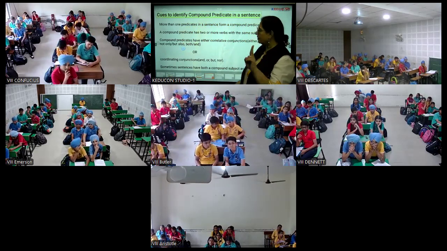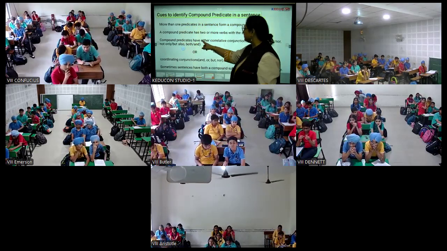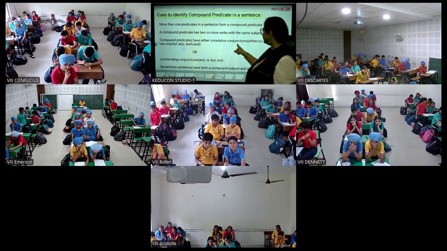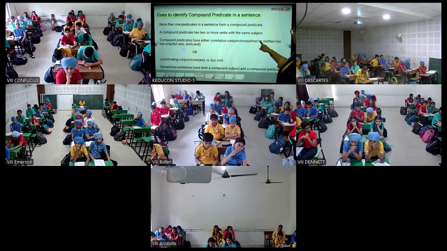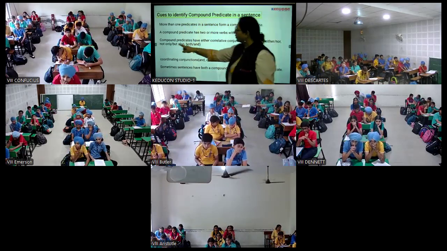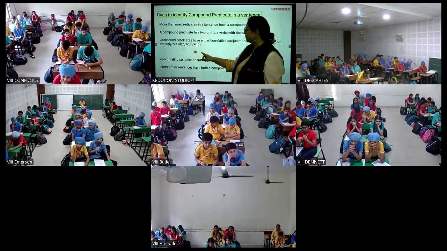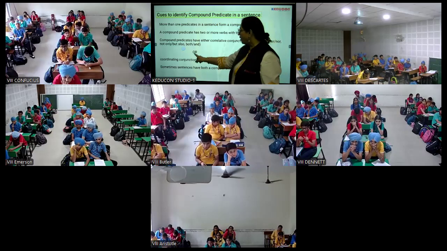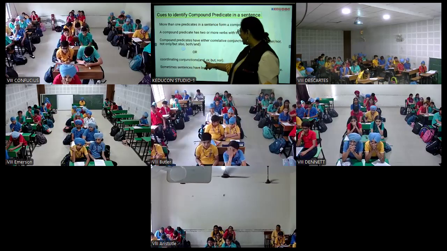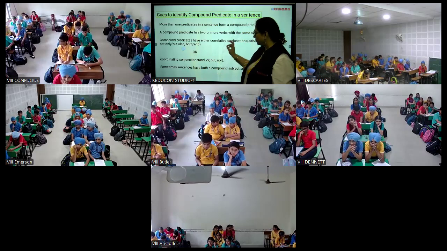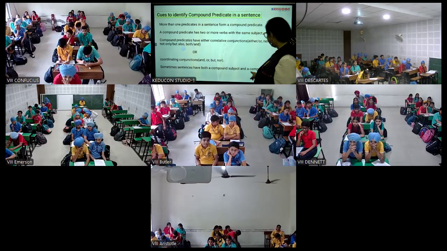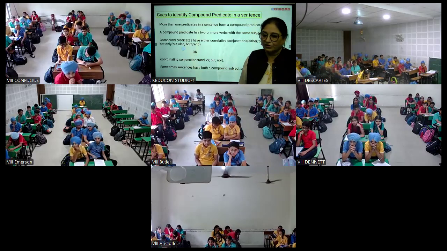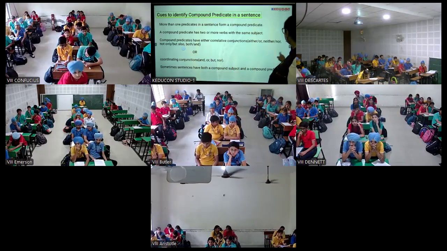Compound predicates have either correlative conjunctions, which are either or, neither nor, not only but also, both and, or coordinating conjunctions: and, or, but, nor. Okay. Sometimes sentences have both a compound subject and a compound predicate. So it can have both.